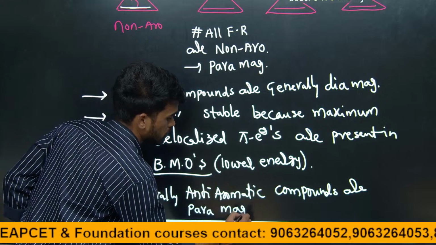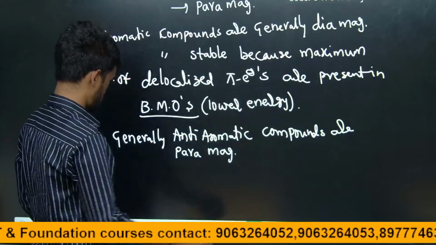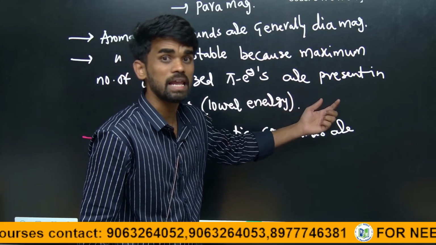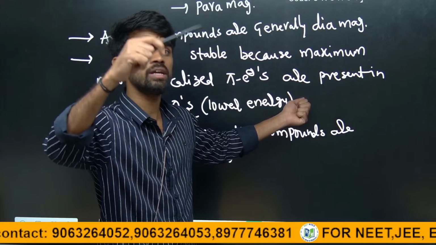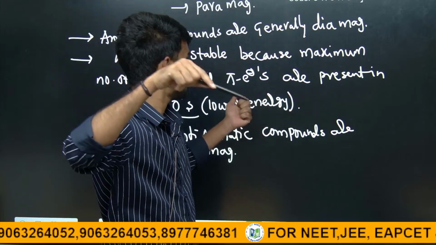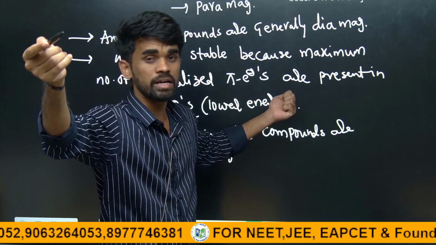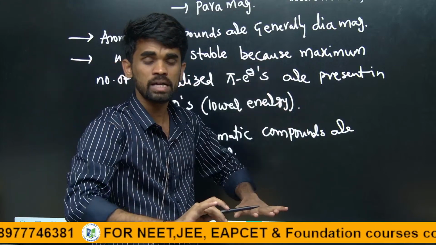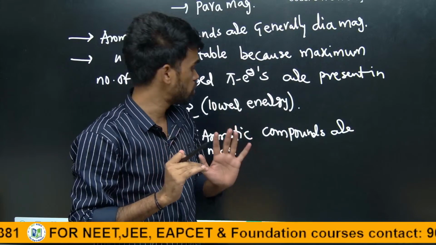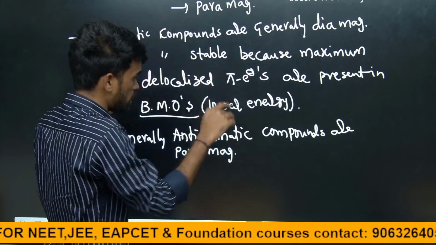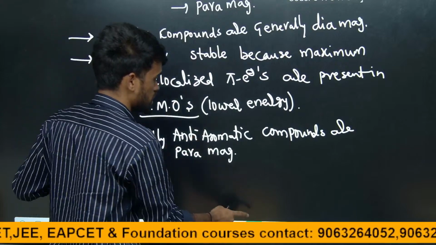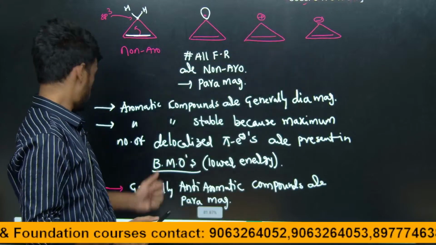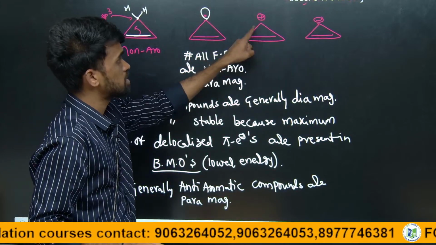They have unpaired electrons, and the maximum number of pi electrons are present in either non-bonding or anti-bonding orbitals, which are high energy, therefore the stability will be low for anti-aromatic compounds. So that's how you need to understand. Make a note of these points, and let us discuss the remaining two compounds here.